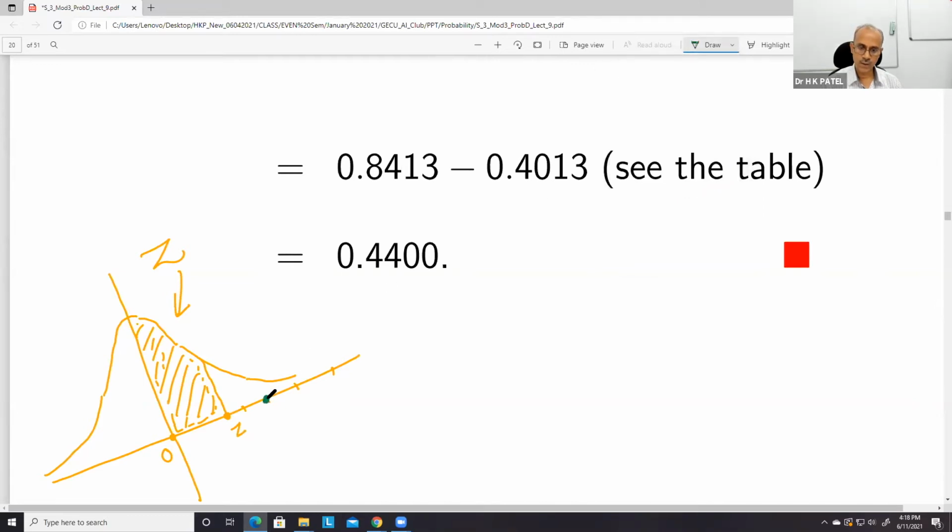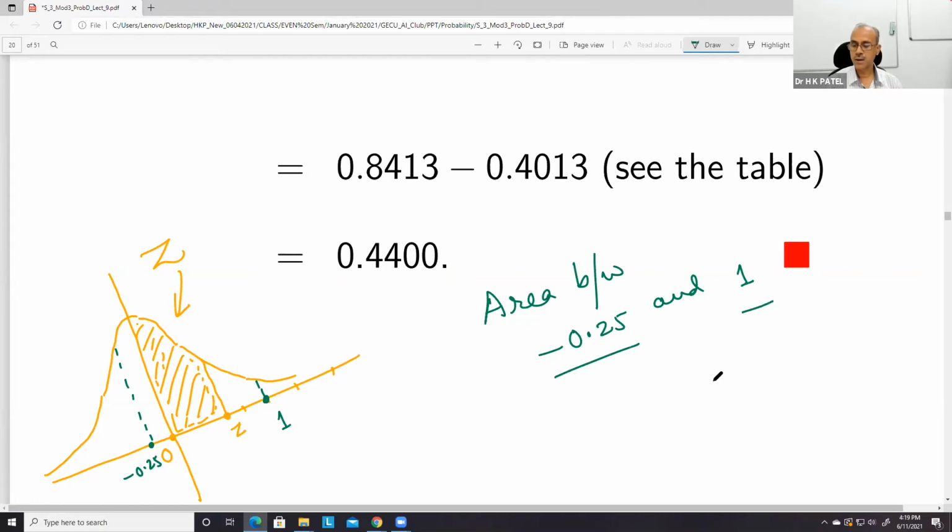Suppose this is my 1, and then you have minus 0.25 somewhere here. So in that case, what is our requirement? Our requirement is to find the area between minus 0.25 and 1. All right.